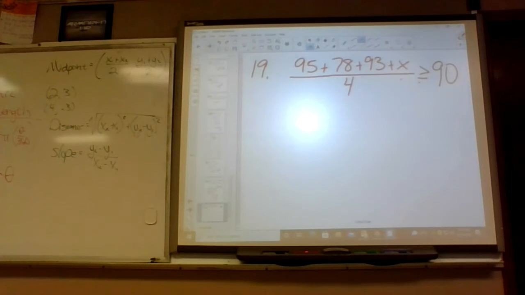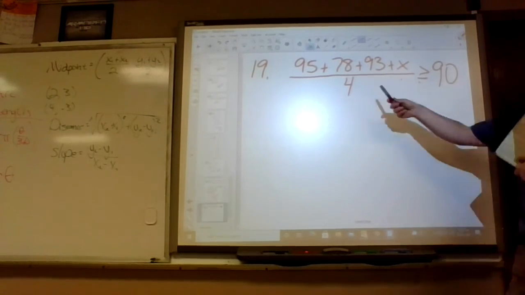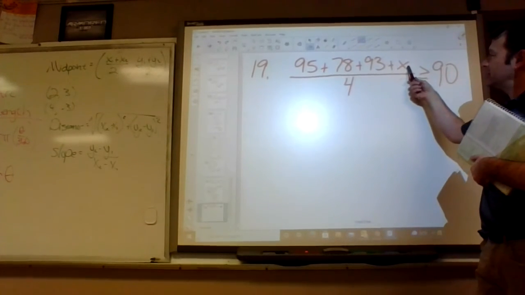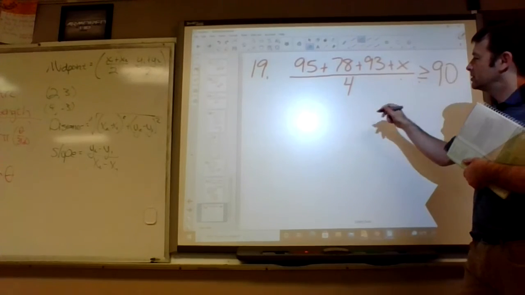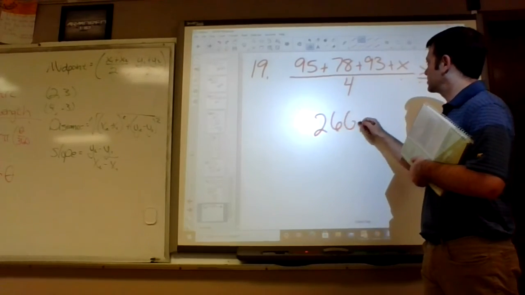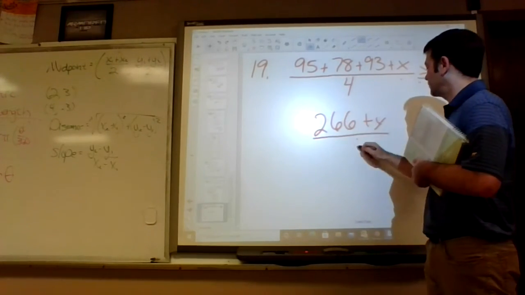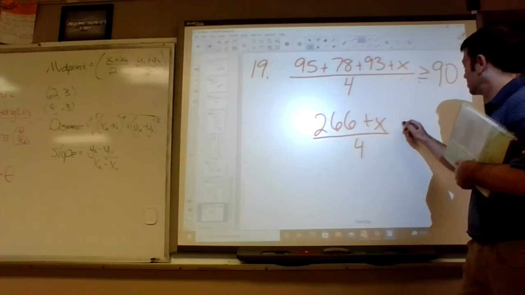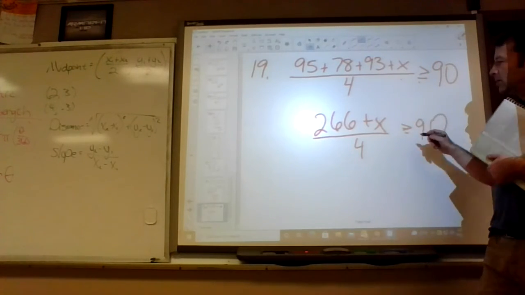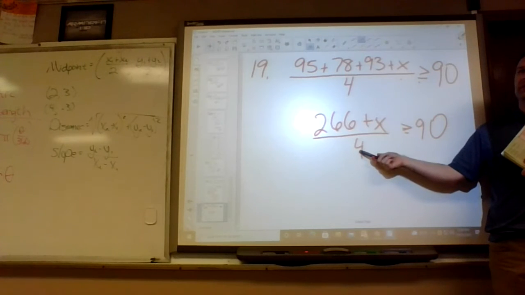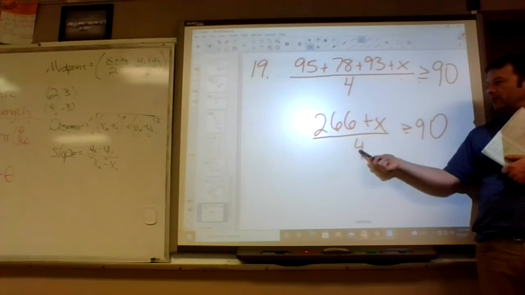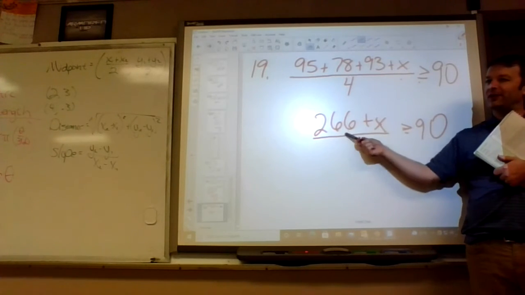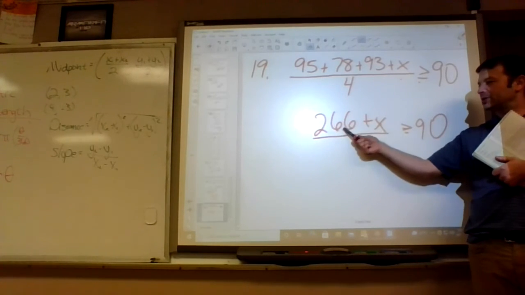What's one step I can do to solve this? We can simplify the top here. What does that come out to? 266. 266 plus x over 4. We can't do 266 divided by 4, because all of this is divided by 4, not just the 266.